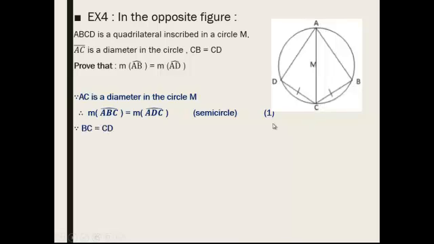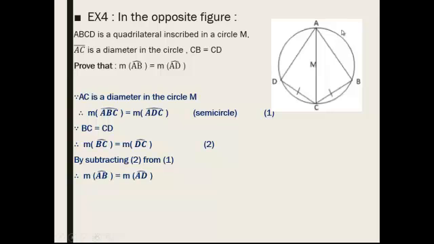And I have chord BC equals chord CD, chord equals chord, then arc equals arc. Therefore arc BC equals arc CD. Subtracting from both, the remainder arc AB equals arc AD.